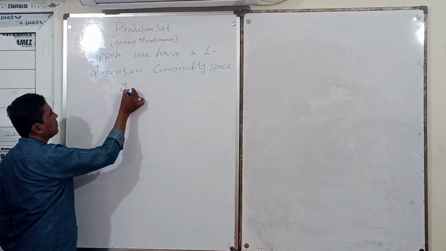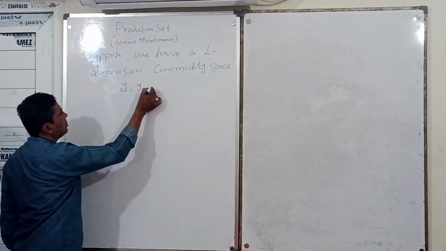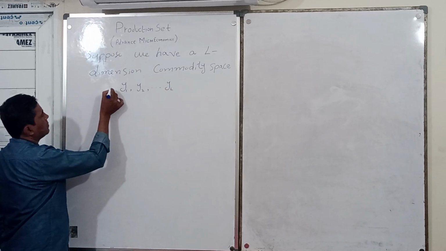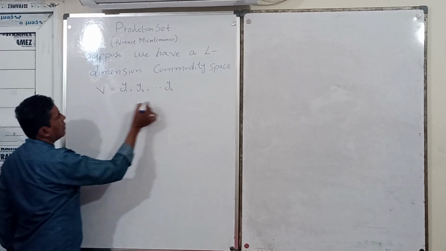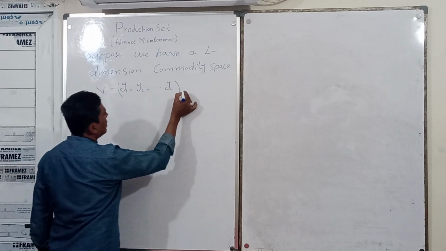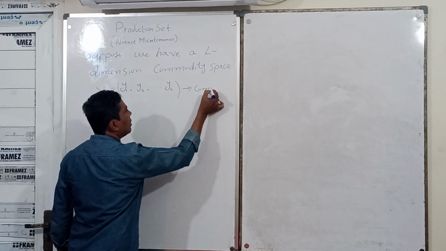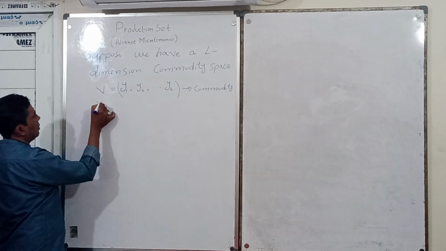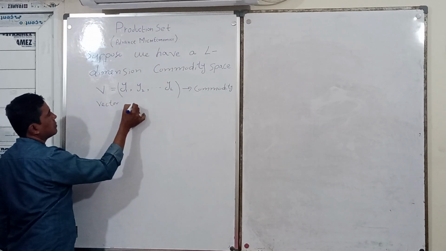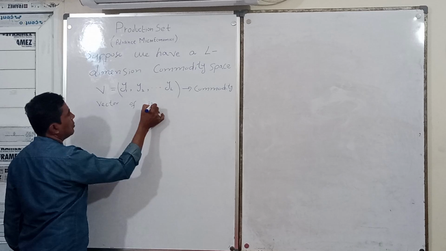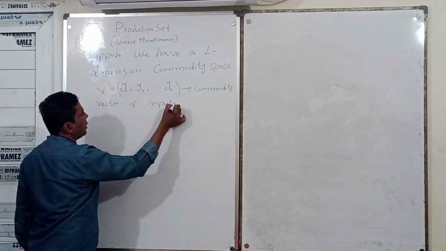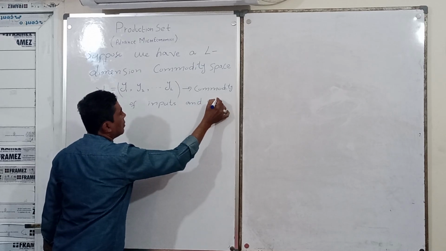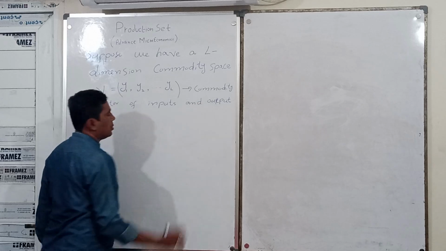y1, y2, yL. This is a commodity vector of inputs and output.